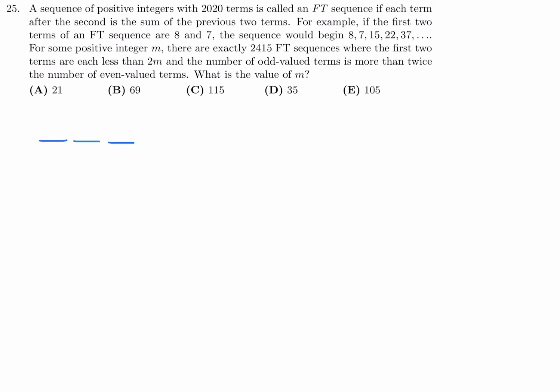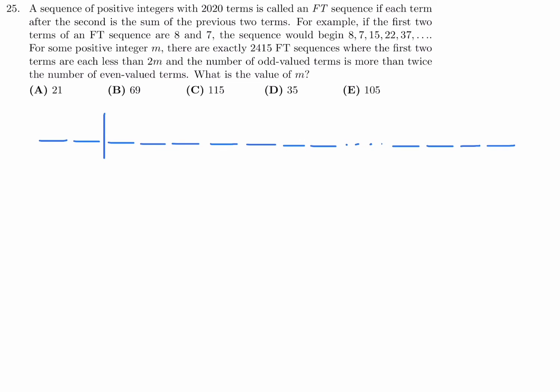We have a long list of terms. Each term is one of this sequence of 20 terms. So it's very long, so I'm going to put dots, obviously. Now we have to start understanding what this question is actually asking us. We have to start with 2 terms.